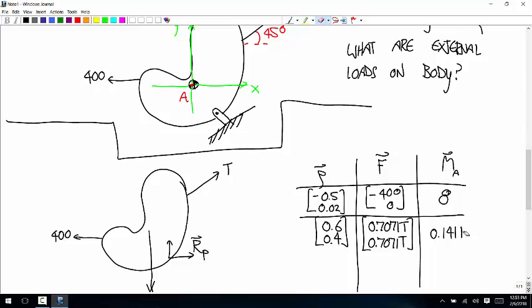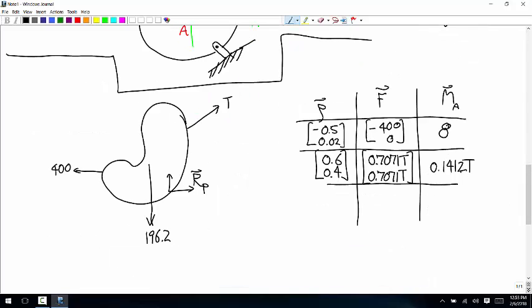Is it something like that, or am I way off? Yes. 0.1412 T. And oh, that was so awesome. I'm going to tell my wife all about figuring that out later. She'll be so interested.